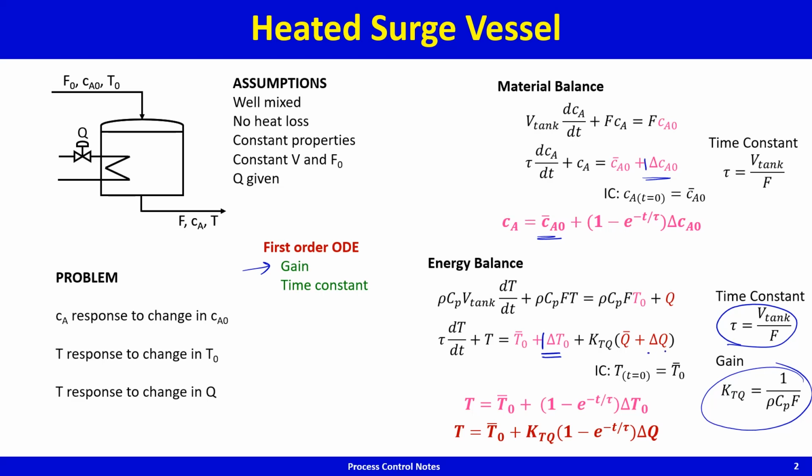With respect to delta Q, the gain is KTQ. The point is, the gain is also dependent on, in general, the operating conditions. And you can see here, if flow rate increases, time constant goes down, gain of T on Q also goes down. Yeah, that's very typical of chemical processes. You start flowing more stuff through it, time constants go down, gains also go down.